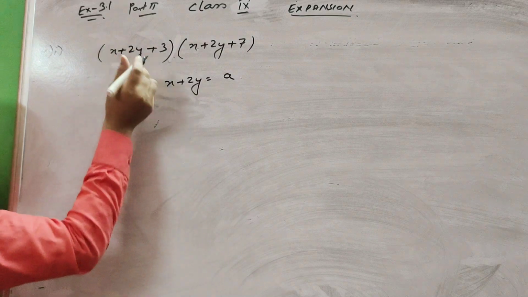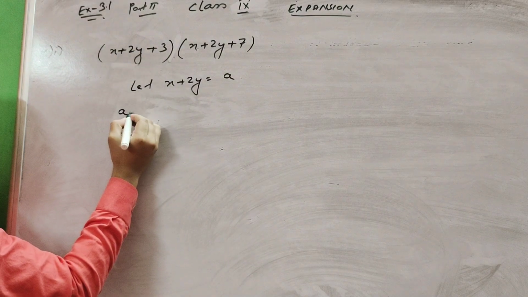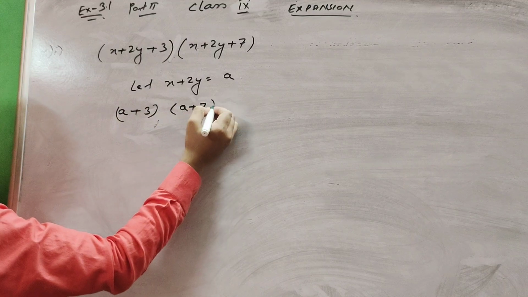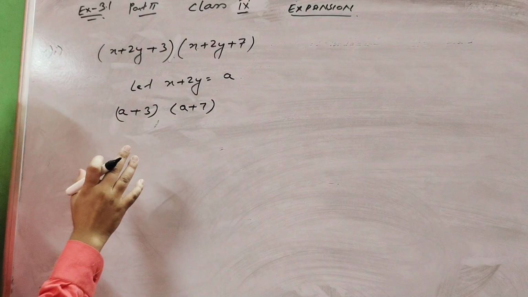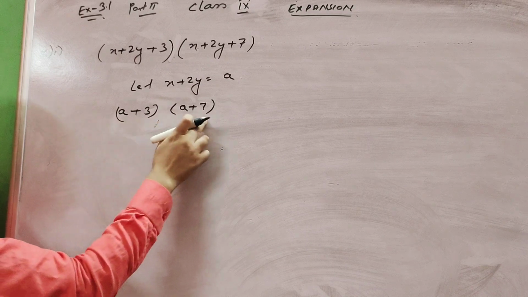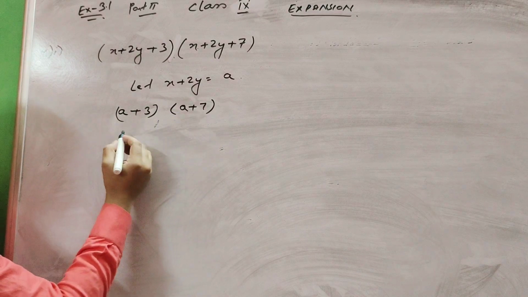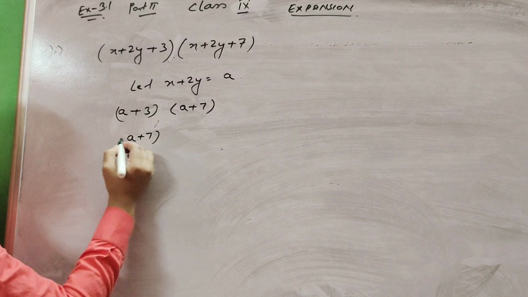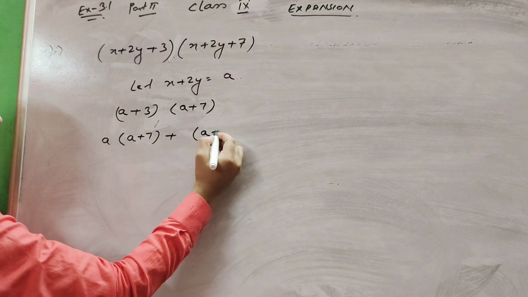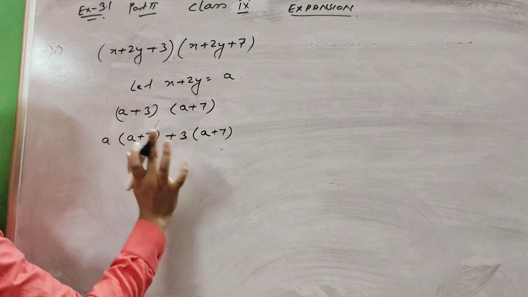So in place of x plus 2y, we will write a plus 3 and here a plus 7. Then it is very easy for us to multiply. We know that a plus 7 is multiplied by a and a plus 7 is also multiplied by plus 3.